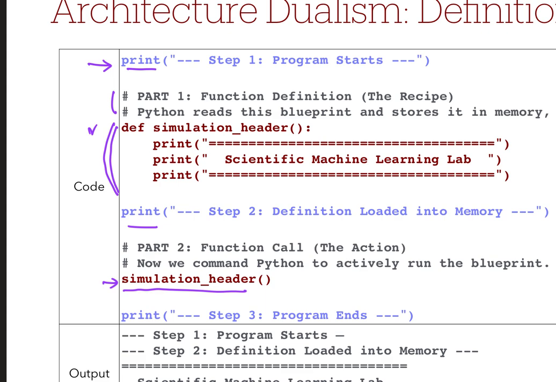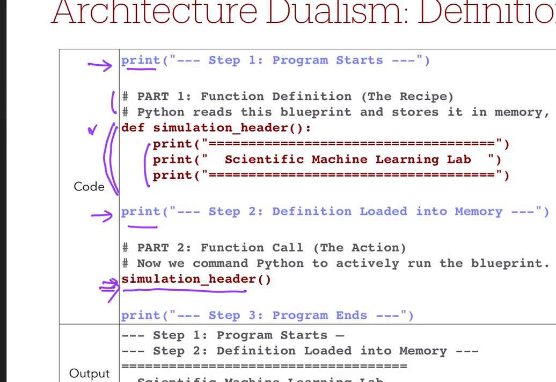If the grammar is fine, the interpreter just skips this part and executes the next print call. When you actually call the function, at that point the interpreter will execute each line inside the definition of the function.